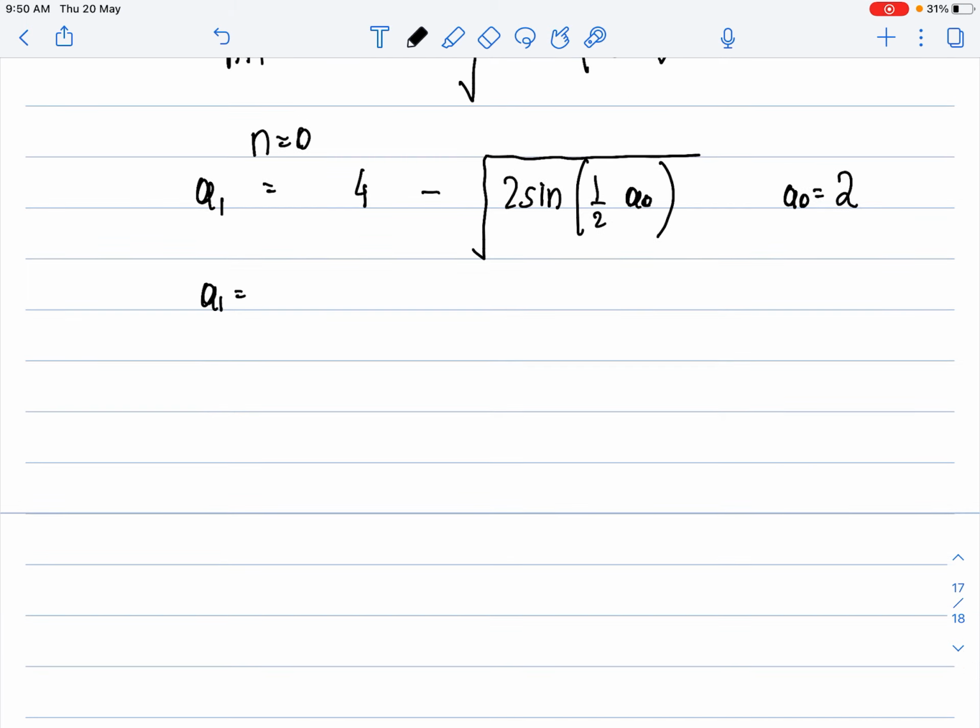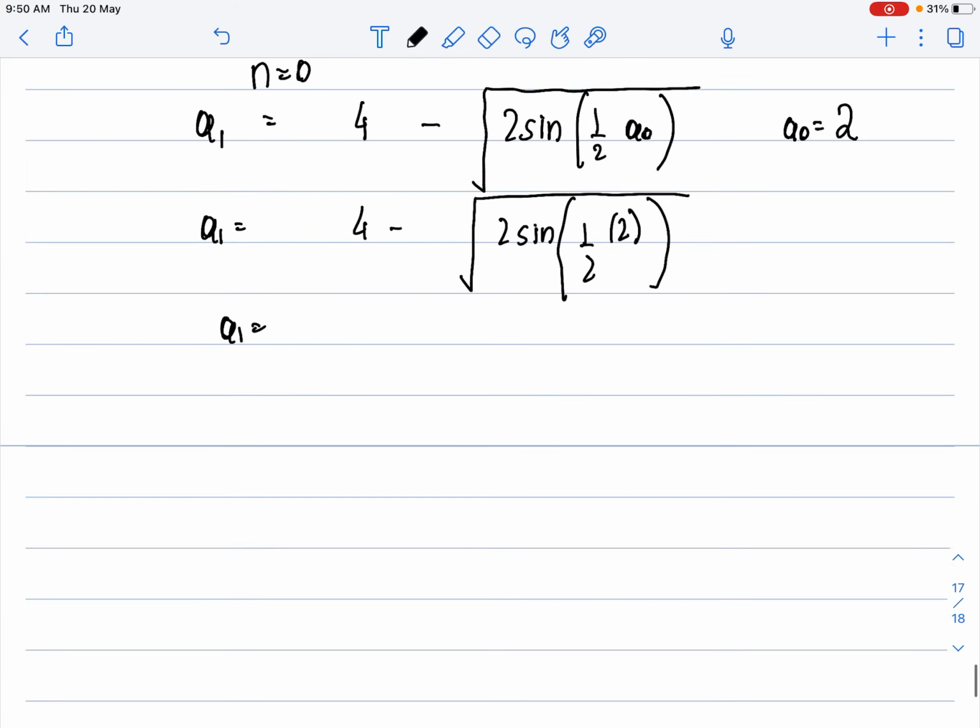So I can write this as a1 equals 4 minus the root of 2 sine half into 2. You can solve this on the calculator.